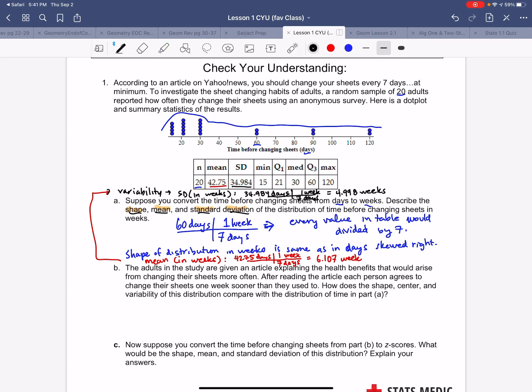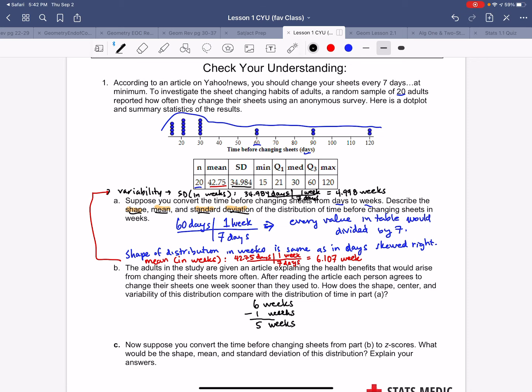What they're saying is, if a typical person changed their sheets every 6 weeks, then if everybody agreed to do it a week sooner, everybody would be subtracting 1 week from their current data. So a typical person, instead of doing it in 6 weeks, would now do it in 5 weeks.